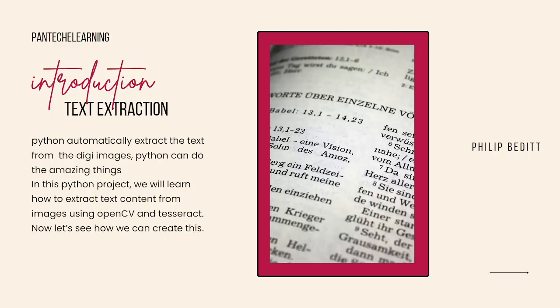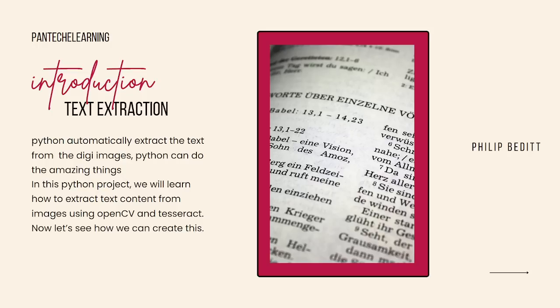So first one, introduction. What is the meaning of text extraction? That means we are going to extract the text from digital images. That is nothing but text extraction, or converting the digital images into a readable format of text. Normally Python can automatically extract the text from digital images.